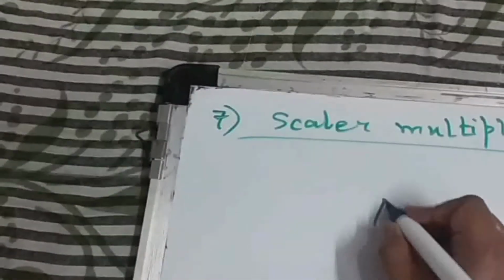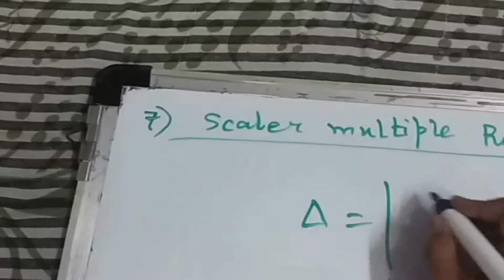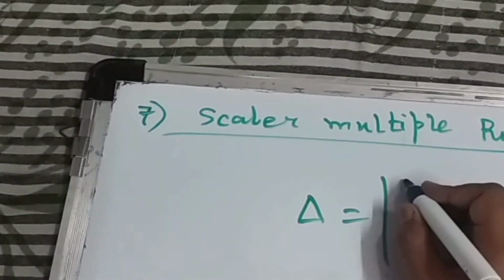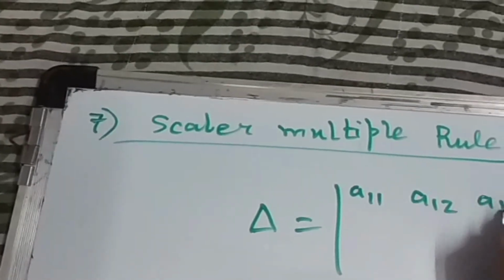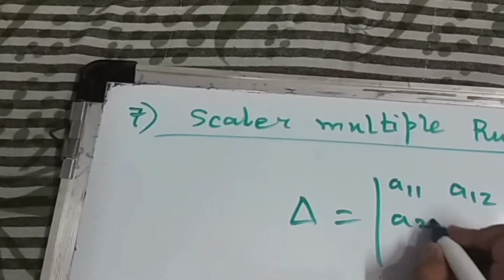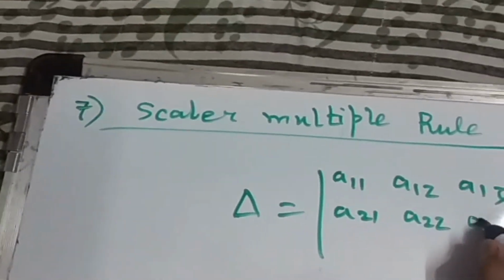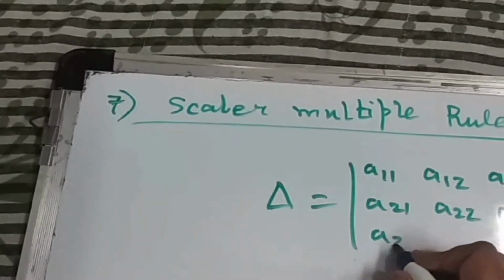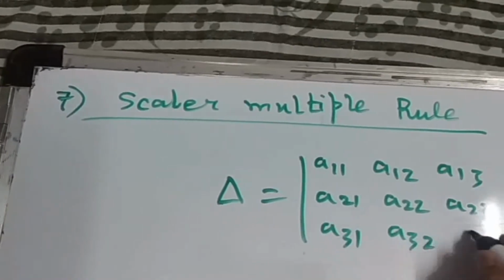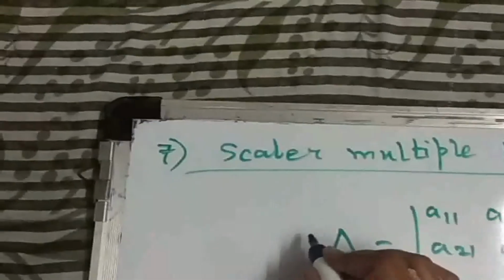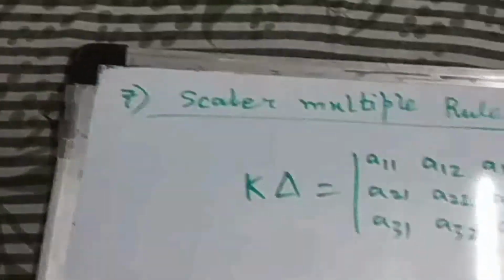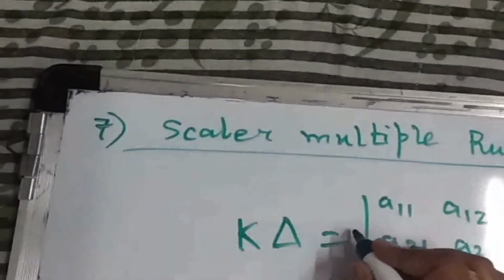So the determinant del is written here as 1 1, 1 2, 1 3, 2 1, 2 2, 2 3, 3 1, 3 2, 3 3. We multiply this determinant by a scalar quantity, that is k.